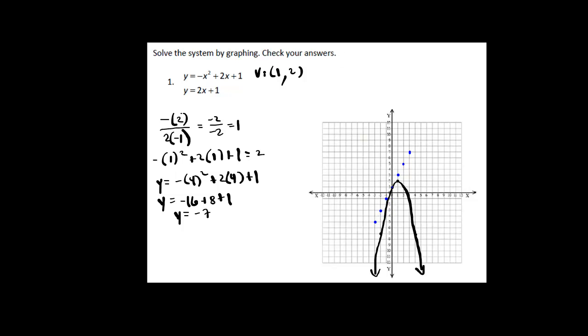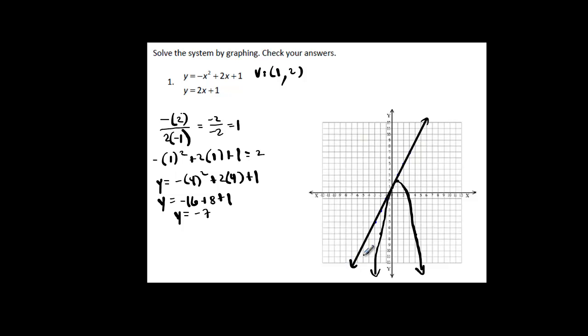So it's a straight line, so let's just get a regular line and draw that right down here. Let's put some arrows on it.